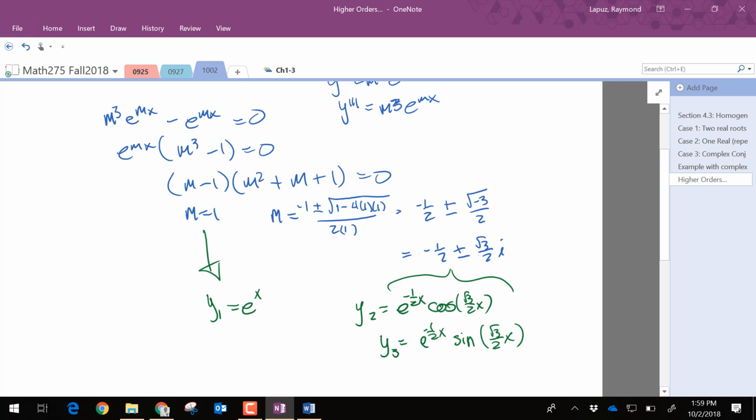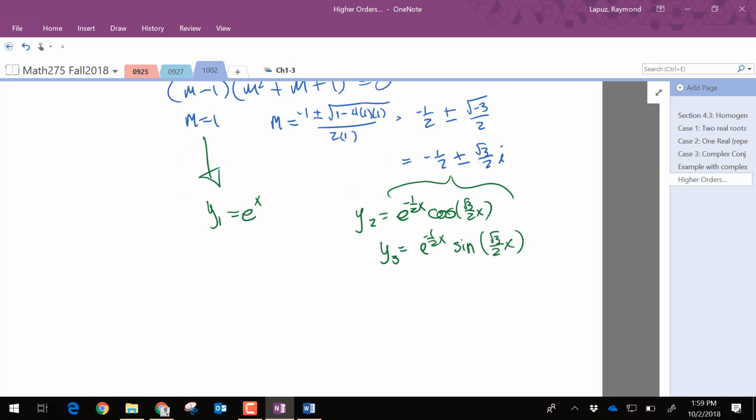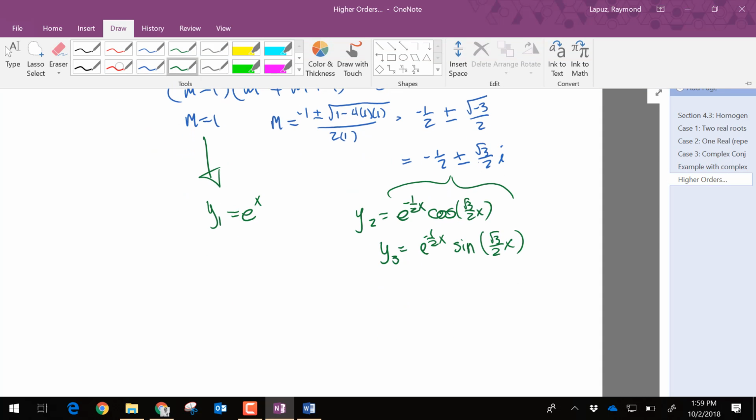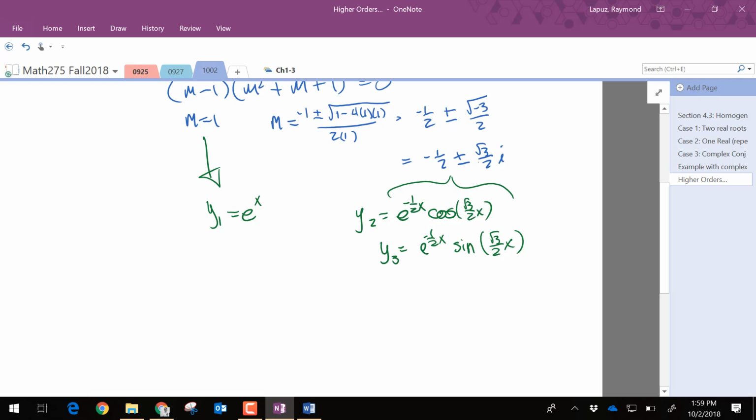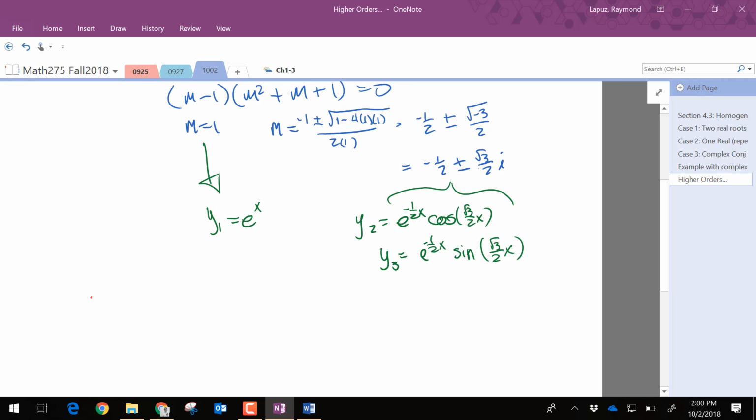Okay? So your general solution will then just be a linear combination of all these fundamental solutions.